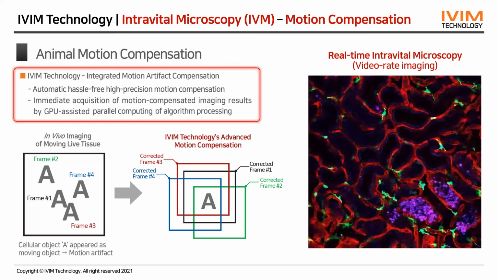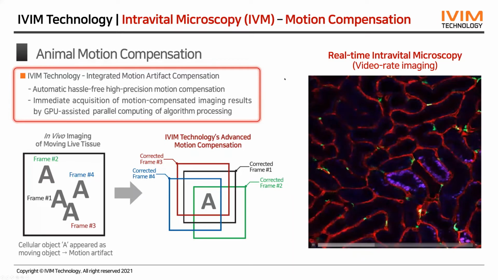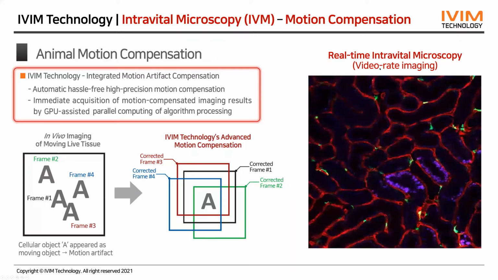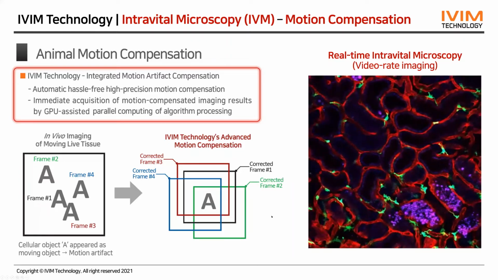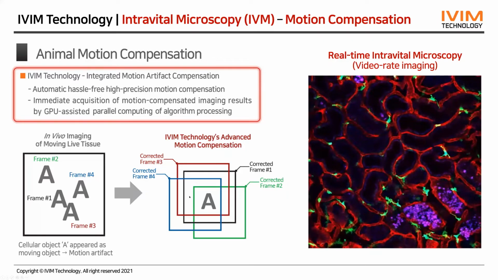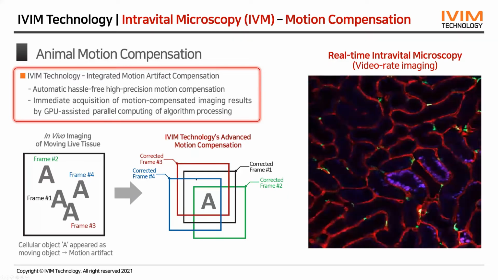This is actually the real-time imaging of the kidney, and this is very typical movement of the tissue when you do this IntraVital imaging. The IVIM Technology's IntraVital Microscopy system has automatic, hassle-free, high-precision motion compensation functions.